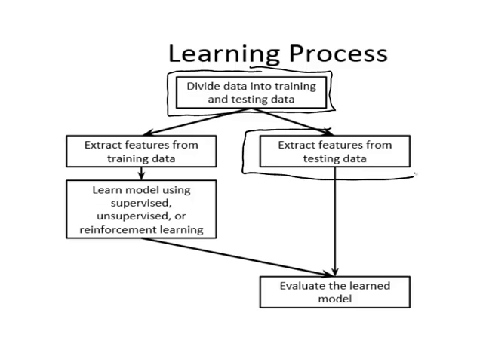Once we've split this data up into training and testing data sets, we then have to extract features from both sets of data. We've already learned a little bit about features in the machine vision context, but features here are not necessarily features of pictures of objects. I'll say more about features in a moment.